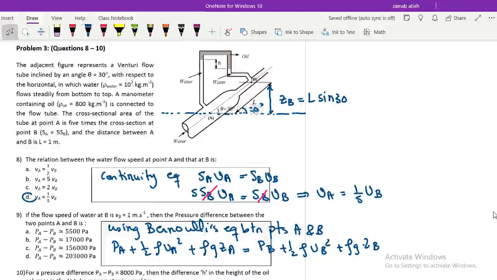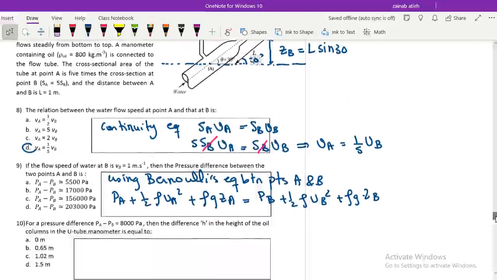I'm searching for PA minus PB. بعد في عندي ال VA because I have VB, so I have to use the continuity equation in order to find the answer. I don't have enough space because I'm writing with big letters, so I try to write PA minus PB. It's equal to, I will gather everything.